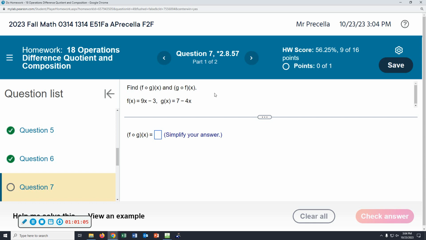Okay. So I'm going to write down f of x is 9x minus 3, and g of x is 7 minus 4x. What we are told to find is f composed with g in terms of x, and g composed with f in terms of x.